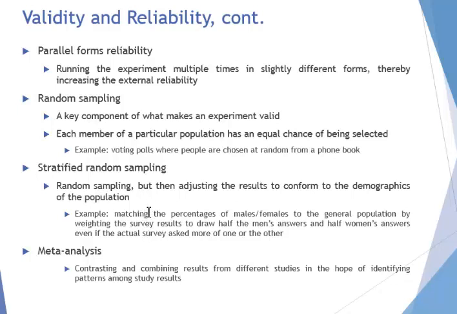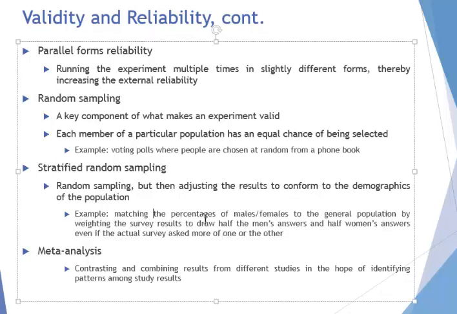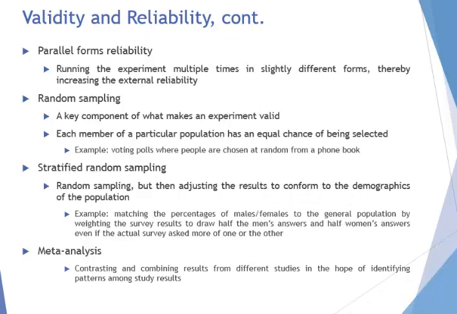You have stratified random sampling, which adjusts the results to conform to the demographic. That's an important thing that pollsters also do. Matching the percentages of males and females is an example. For example, if I know that 52% of all voters in Massachusetts are women, which is probably about right, there are a few more women than men out there in society.